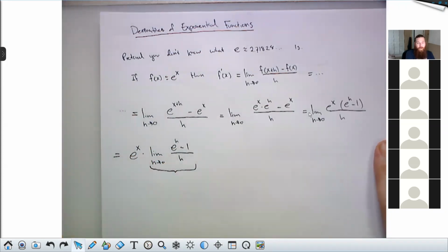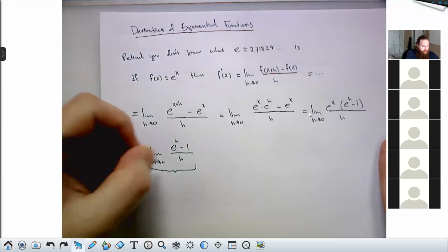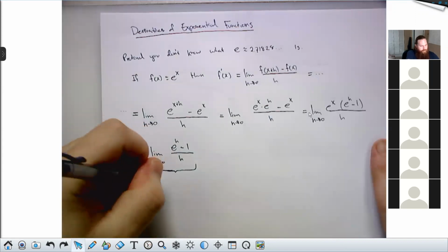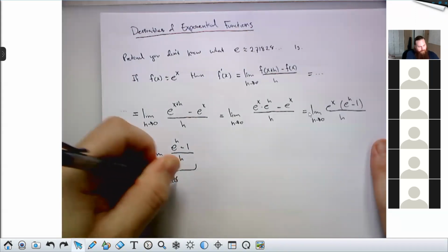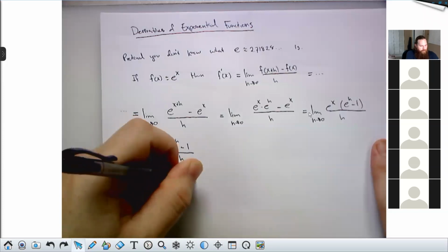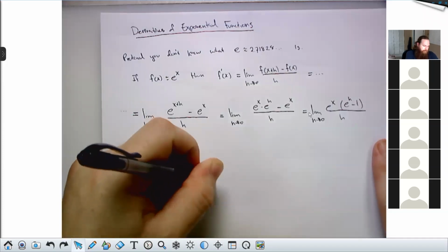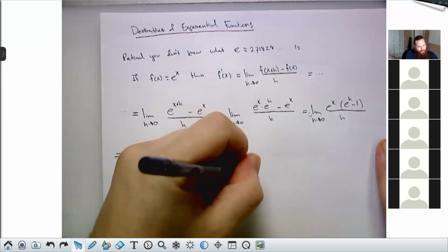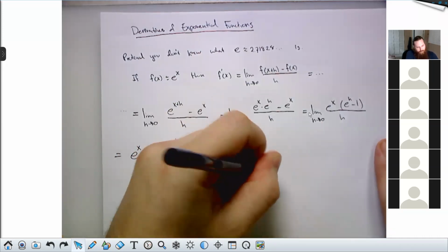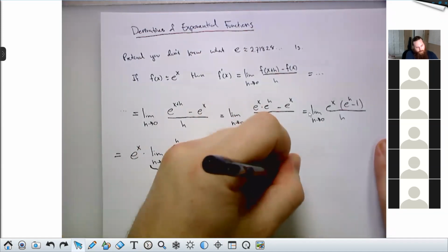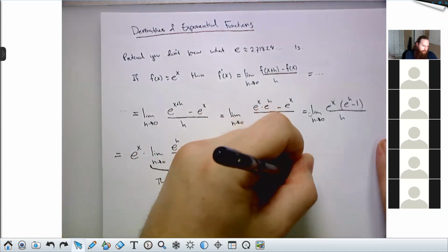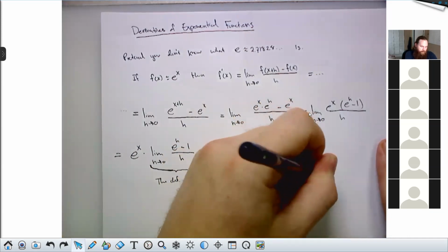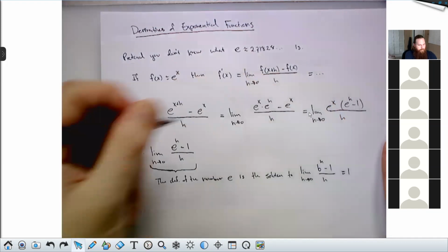And one way of defining the number e, and this is what your textbook does, I'm not crazy about it, but this is how your textbook handles this. They say the definition of the number e is the solution to the limit as h goes to 0 of b to the h minus 1 over h equals 1.